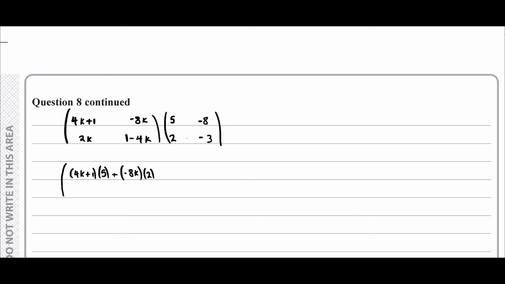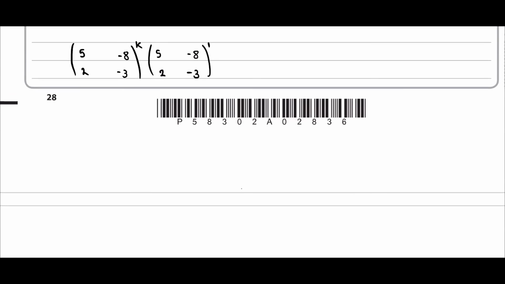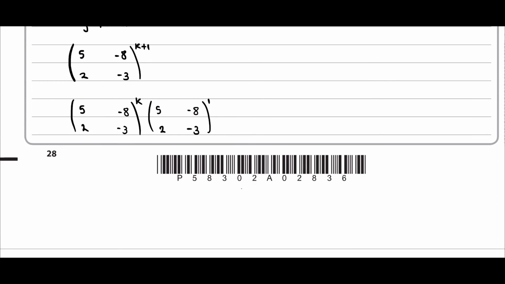For the other element, we have 4k plus 1 lots of minus 8, plus minus 8k lots of minus 3. Okay. Sorry, let me just double check this. So we have, just double check the matrix.